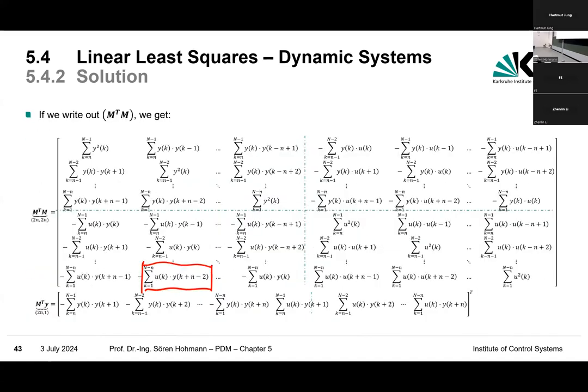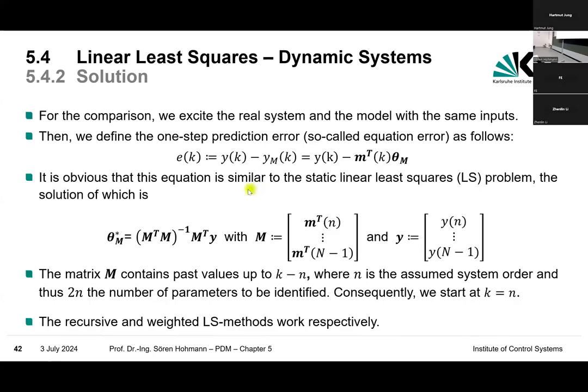I want to show what happens. We did the calculation of theta M. So what question has to be asked: whether we should be happy with this calculation, yes or no? When do we define an estimation to be good? The error between the true parameters and the estimated parameters is almost zero.